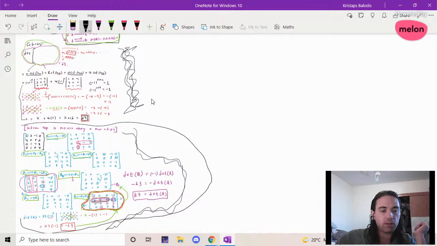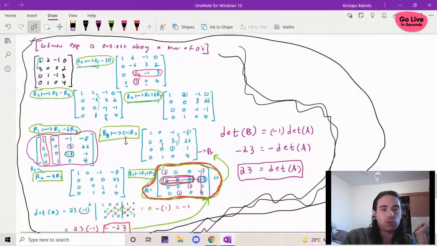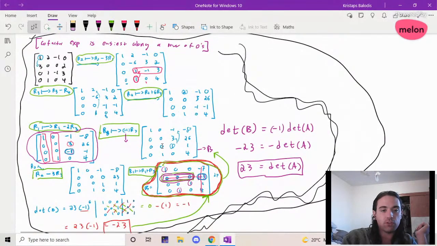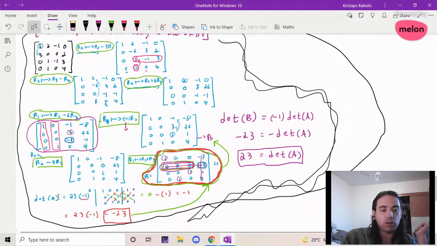And I'm hoping that by seeing this secondary method, you saw that we were able to create more zeros, and that it had this double effect of making not only fewer cofactors to compute, but making the computation of those cofactors that much easier. And of course, we got the same answer.